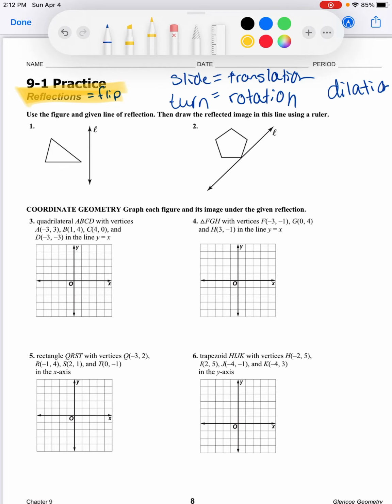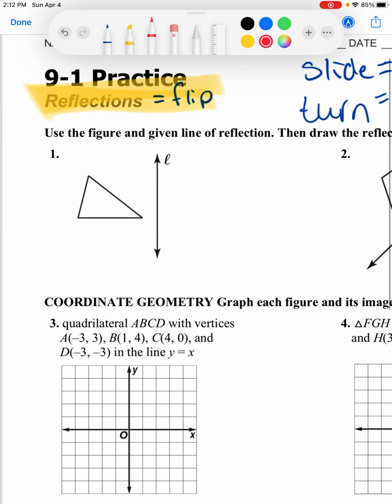A reflection is essentially when you have a shape, like our lovely little triangle here in number 1, and they want us to reflect it across line L. That's going to show the same shape, but flipped, hence where your elementary school teachers would have gotten the term flip from.